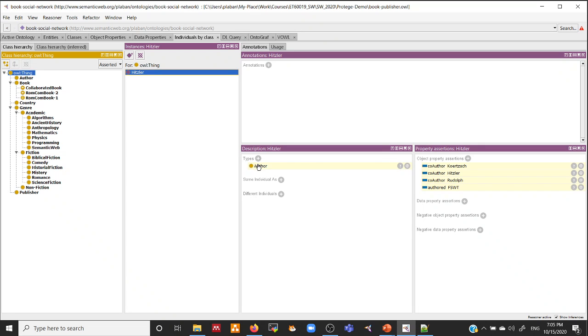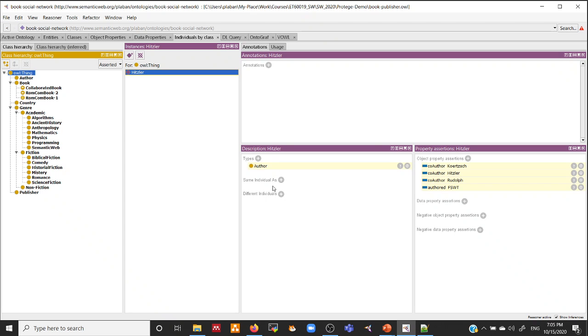If we do so, this greater than or equal to 3 is not being satisfied. That's why you do not see this FSWT book become a collaborated book, though it has 3 authored by relations coming out from FSWT.